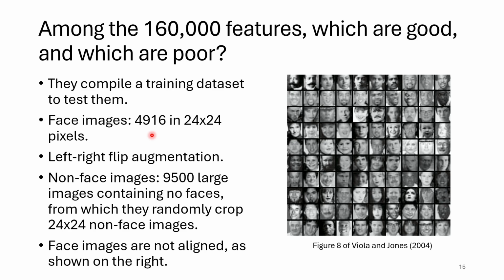And they also collect 9,500 images, all of them cropped from non-face images. So they have positive examples and negative examples. They use those image sets to train their classifier.